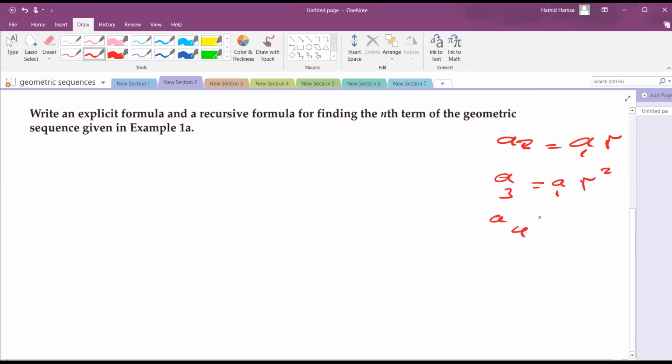So A4 will be equals A1 R power 3, A5 is A1 R power what? R power 4.